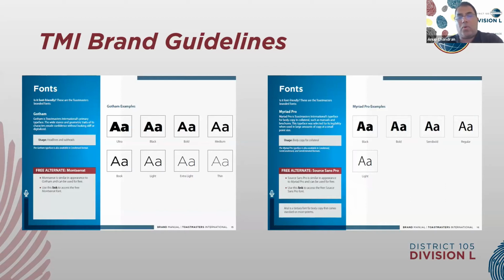Of course, they've also mentioned alternatives, because these are paid versions and most of the tools do not have these fonts as a default. So there are free alternatives like Montserrat, especially if you're working on Canva. Montserrat is already there natively. And you could also use Source Sans Pro instead of Myriad Pro.